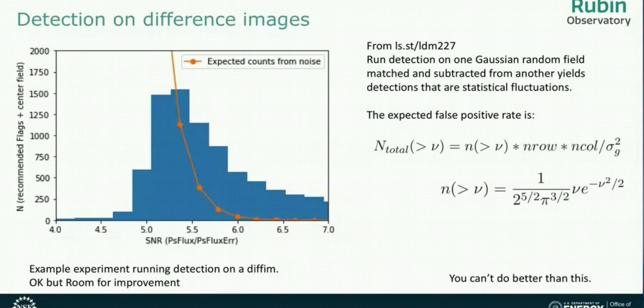The reason for this is if you have two random Gaussian fields, PSF match one to the other, and there's nothing in this image, it's just pure noise. Subtract one from the other, correlate with the PSF, and then do detection. The false positive rate predicted is given by this equation and shown by this orange line here. This means that even if there's nothing in your image, you will still have detections in it, just from fluctuations in the noise.